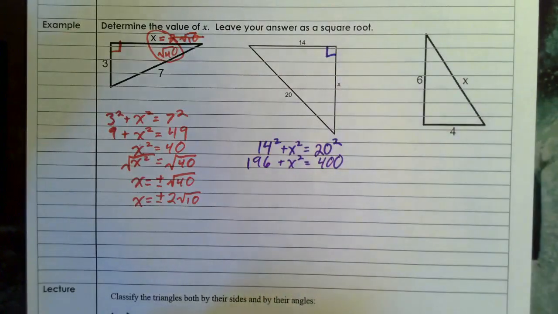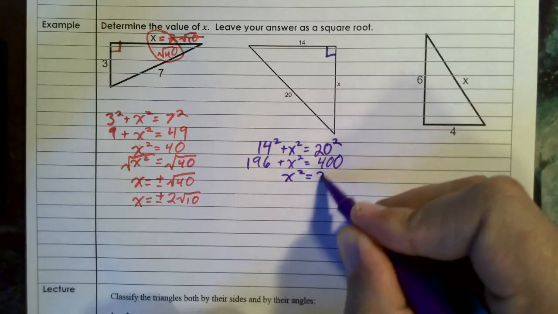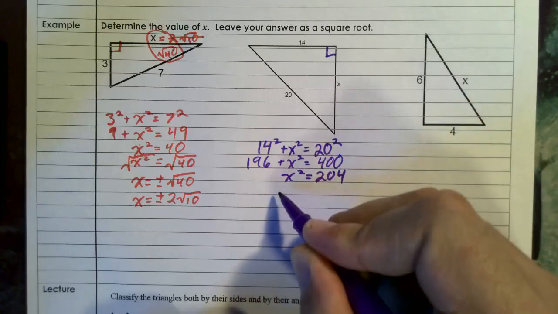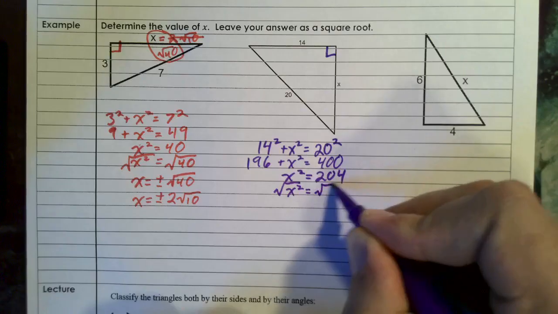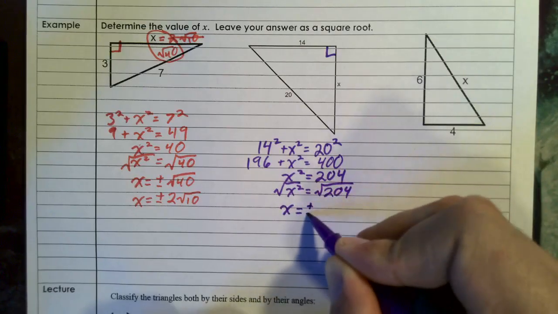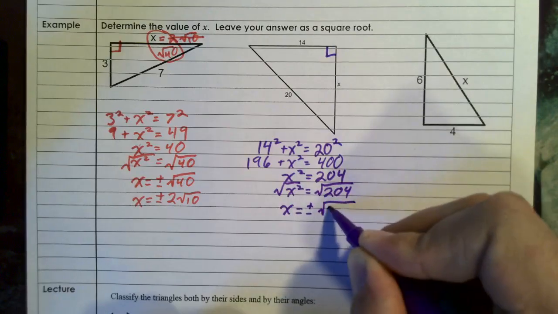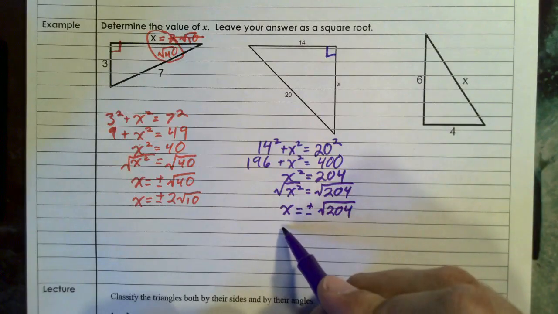Subtracting 196 from both sides, x squared equals 204. We would square root both sides.